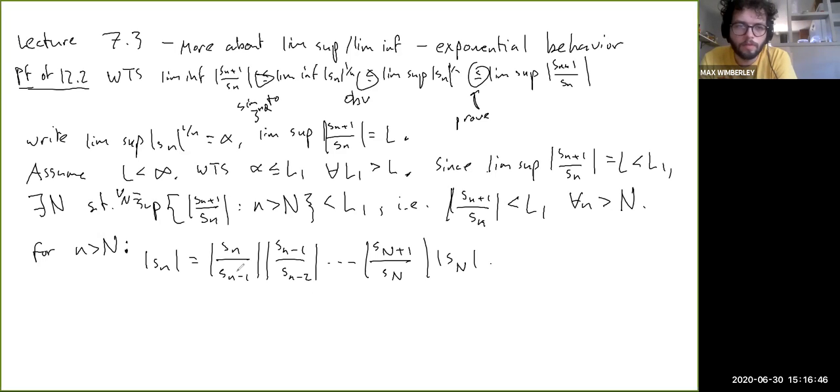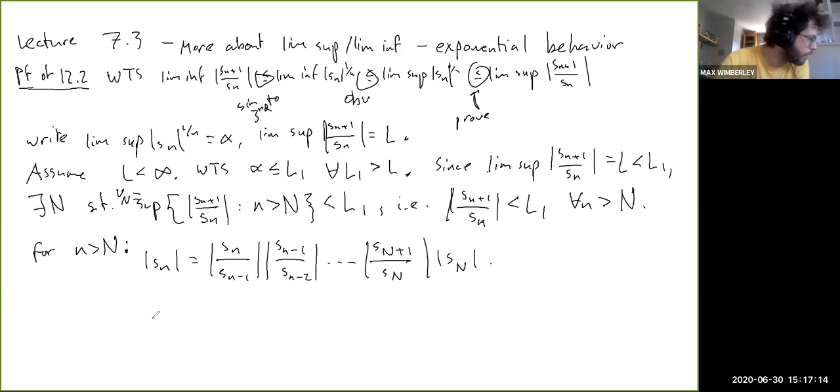This whole expression is literally motivated by what I was just saying about thinking of the nth root of this as the average of all of these multiplicative differences between the successive terms. Okay, so we're writing out how to get to Sn from capital S N by multiplying by different factors, right?